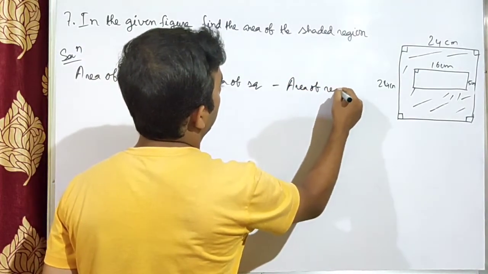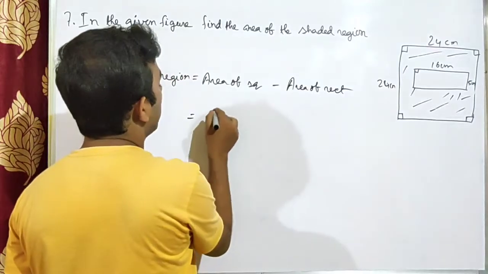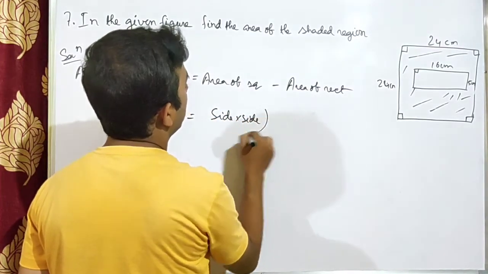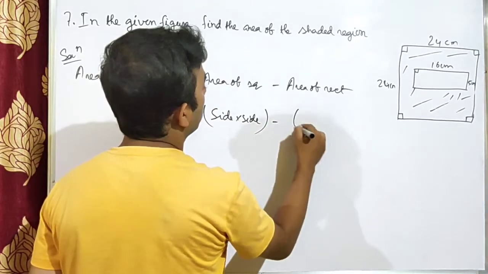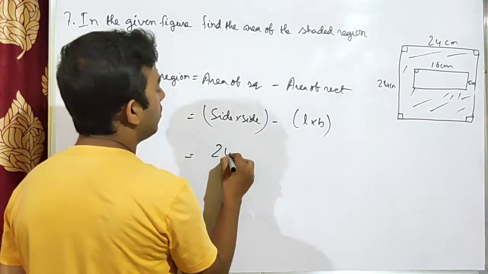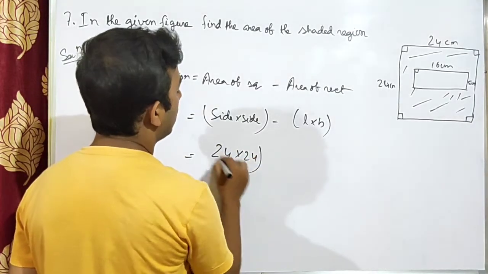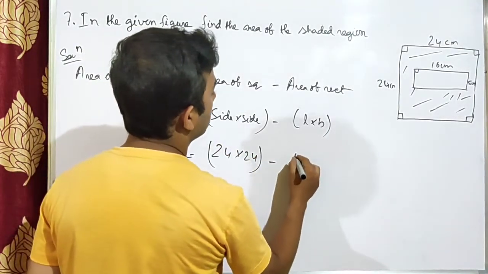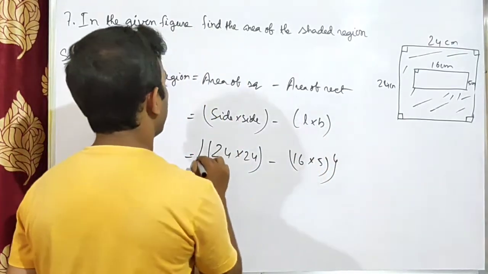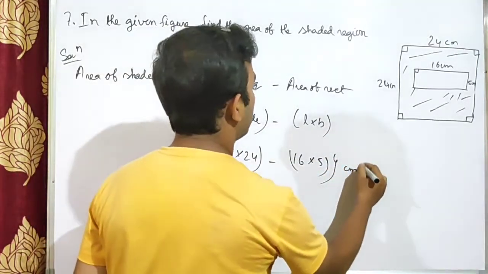Area of square is what? Side into side, minus area of rectangle is what? Length into breadth. Clear? Your side is what? 24 into 24, and length is what? 16 into 5. Give whole bracket, it will be centimeter square.